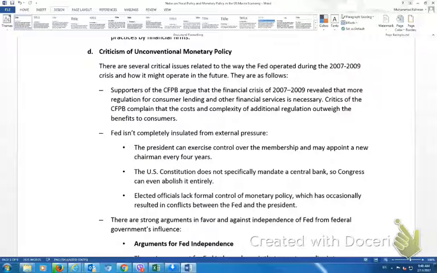Now, another problem is that elected officials lack formal control of monetary policy, which has occasionally resulted in conflict between the Fed and the president, right? Because monetary policy does have direct macroeconomic effects, and macroeconomic effects have political consequences, and political consequences affect the administration.